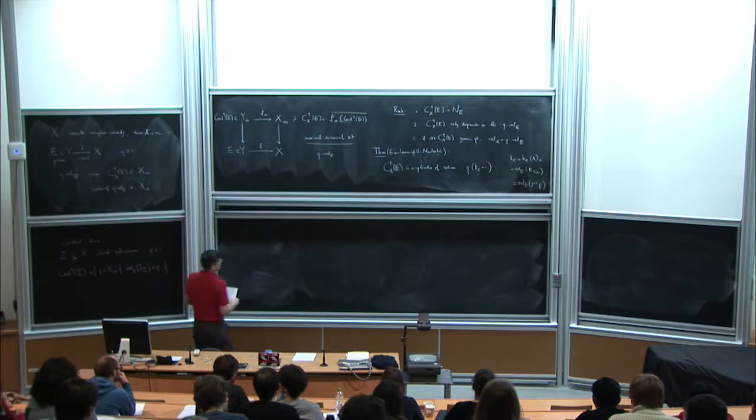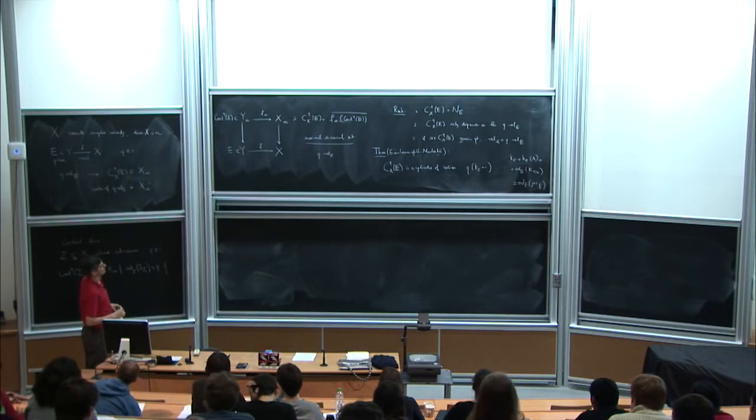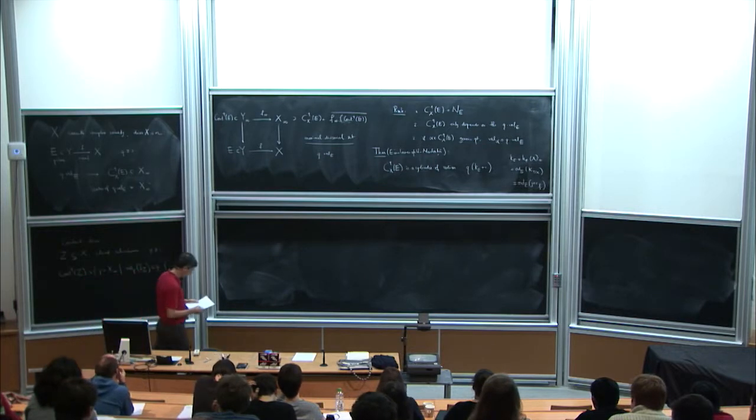So maybe I should remind you, or tell you for the first time if you were not here yesterday afternoon, what a cylinder is and what the codimension of a cylinder is.